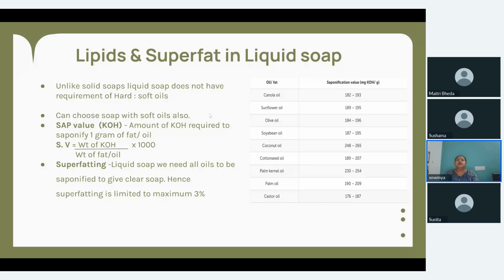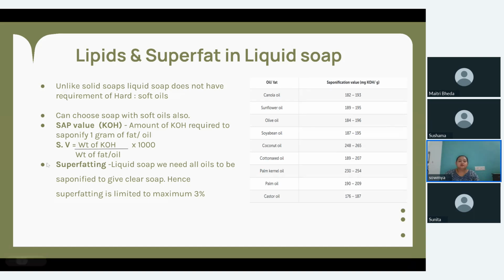We don't want any free floating oils in our liquid soap. If there are, after diluting the soap paste we will not get a very clear liquid. We will have some cloudiness in it. It will be very hazy, or sometimes milky. We don't want that. We want it to be as clear as possible.